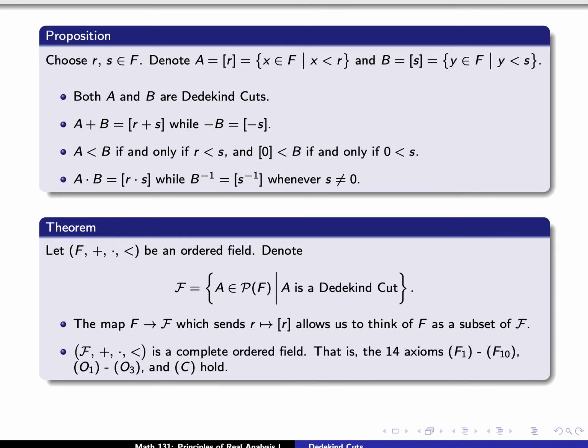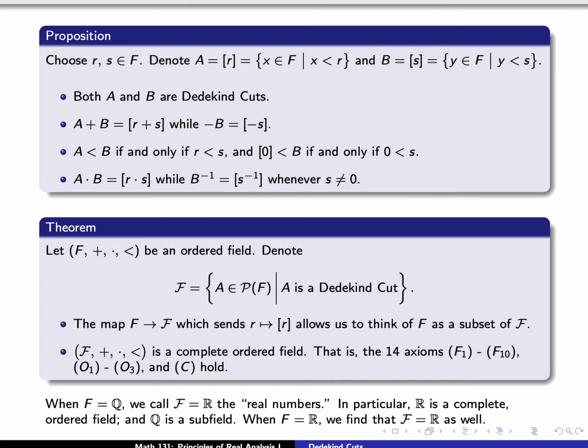This allows us to think of our ordered field capital F as a subset of this script F. Finally, the big result is that this script F is a complete ordered field. That is, the script F satisfies all 14 axioms that we saw on the previous slides.